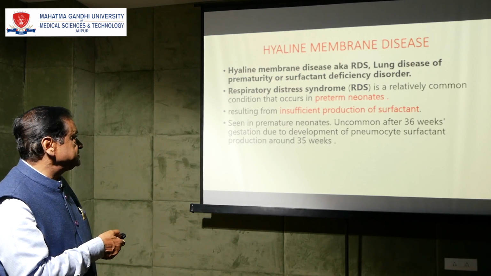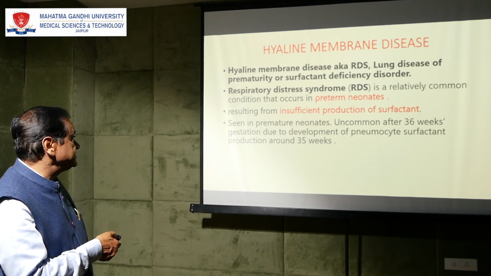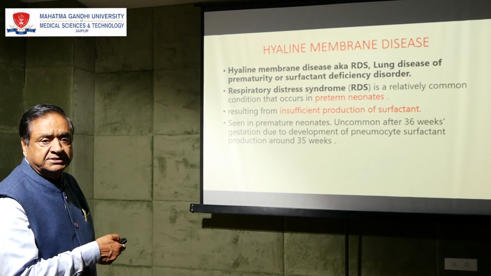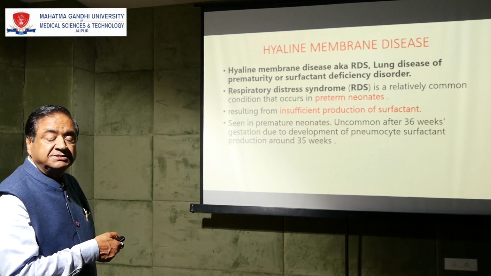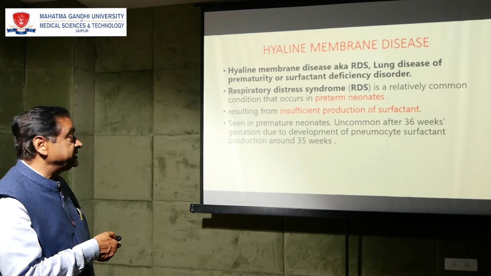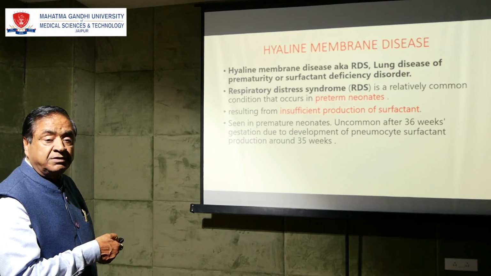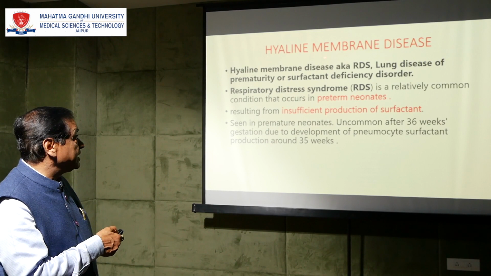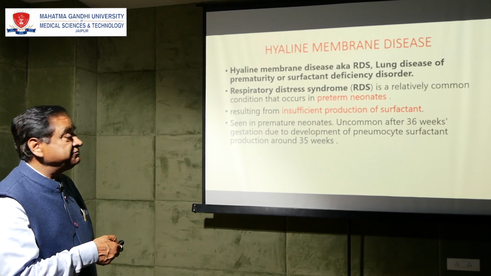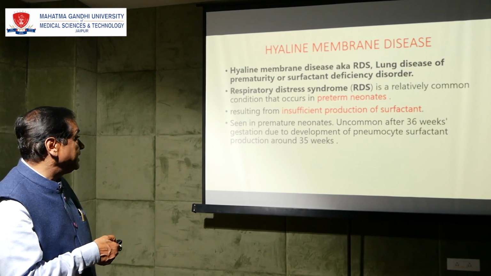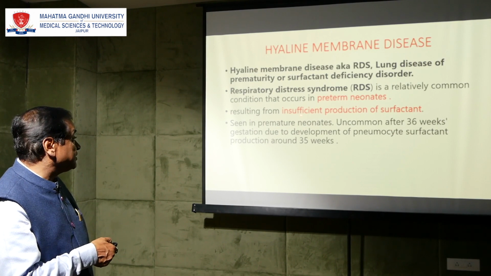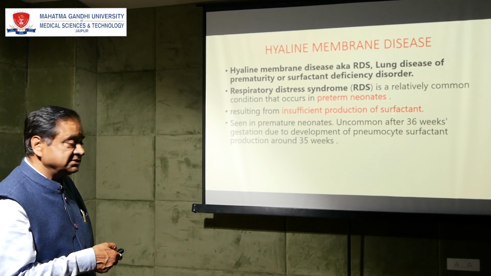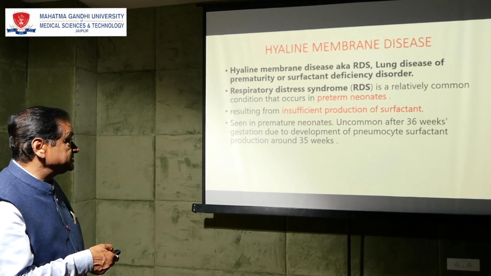This respiratory distress syndrome is a relatively common condition that occurs in preterm neonates. That is very important. This disease is always found in the preterm, not in term or post-term. When the fetus is term, don't think about the hyaline membrane disease. Whenever preterm, then you think about the hyaline membrane disease. This occurs because of insufficient production of the surfactant.